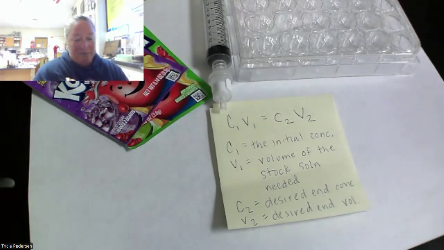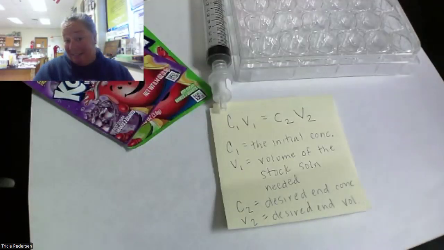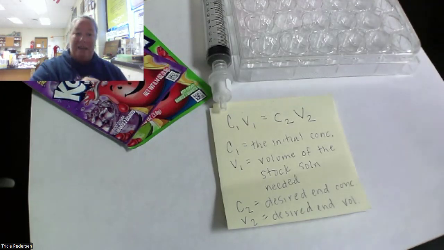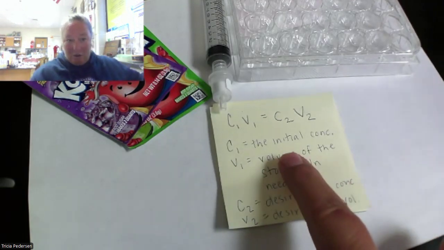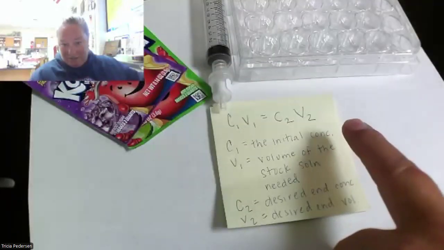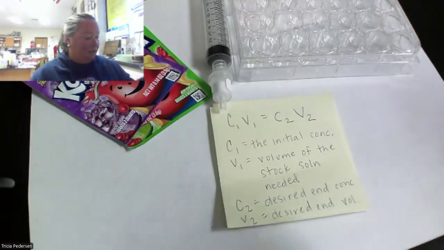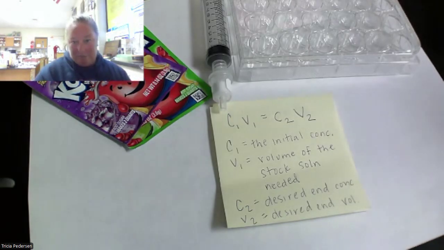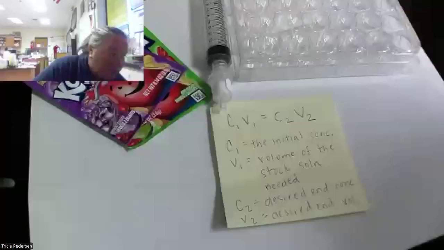Okay, in this lab, you guys should have 70% alcohol, right? And we are going to make a dilution where we take some of that 70% alcohol, so some V1, with our initial concentration of 70%, and we need to add water to it to dilute it for a specific volume. Does that kind of make sense?